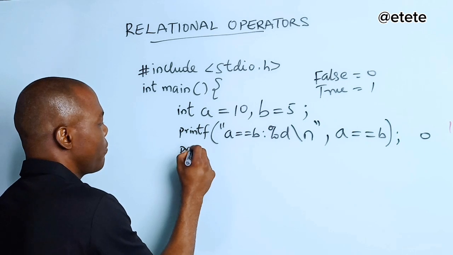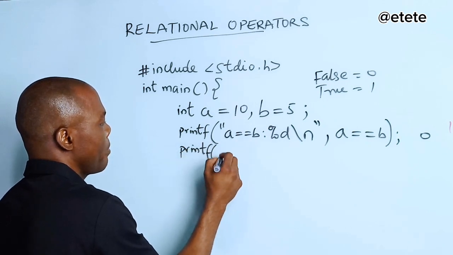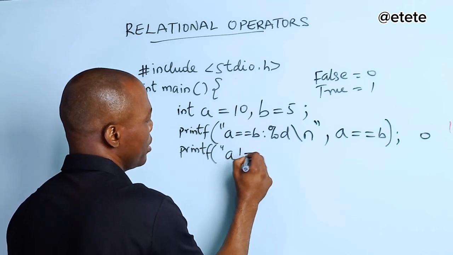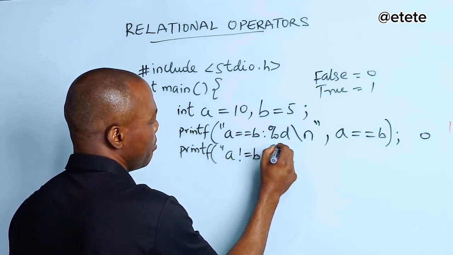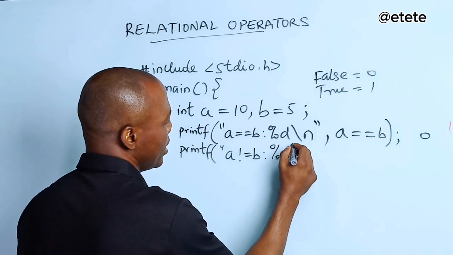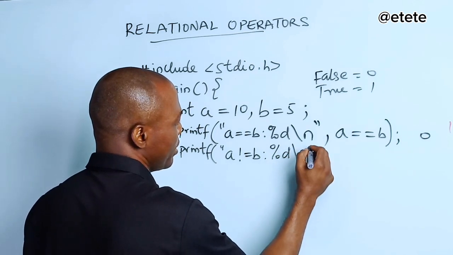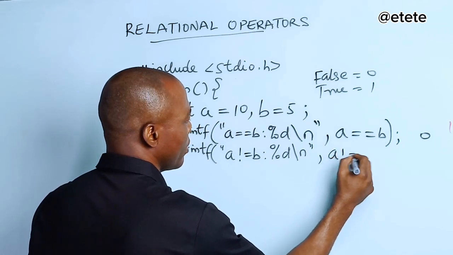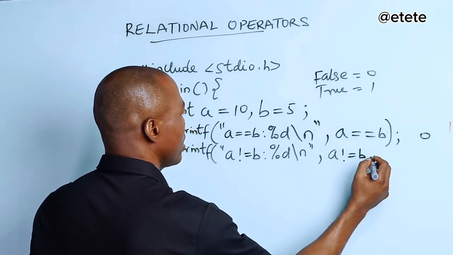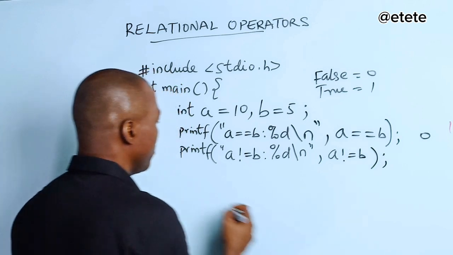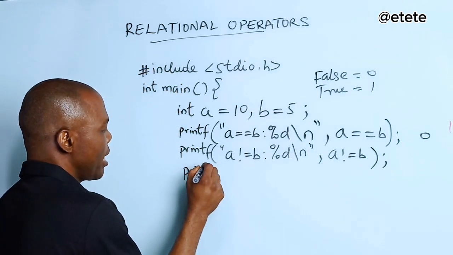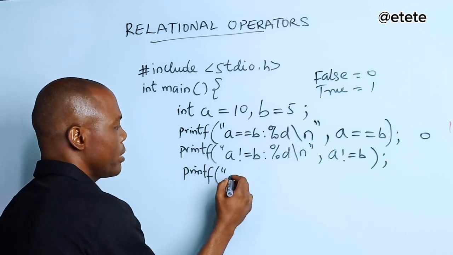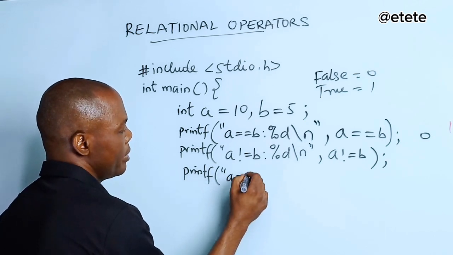Then I will say printf. Then I will do a not equals to b, percentage d, then my escape sequence. Then I'll close this. Then I will do the same thing, a not equals to b. Then I will close the bracket. I'll come here, I will say printf. Here I will say a is greater than b.